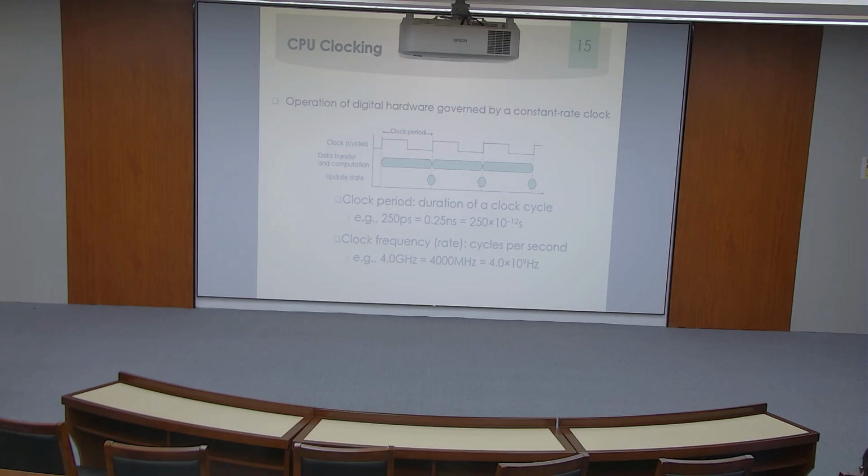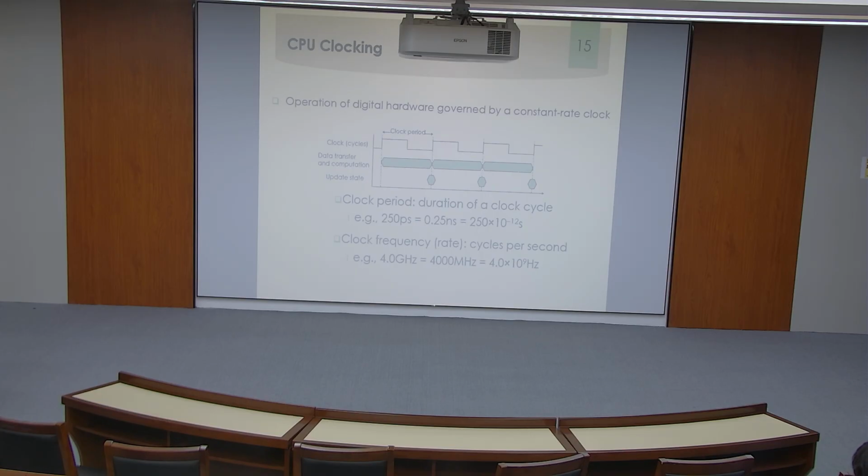The clock period is the duration of each clock cycle. We need to know the duration of each clock cycle. It's going to be in seconds, picoseconds. This is one of the examples.